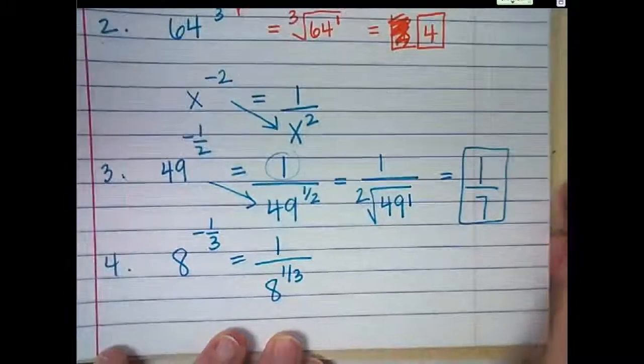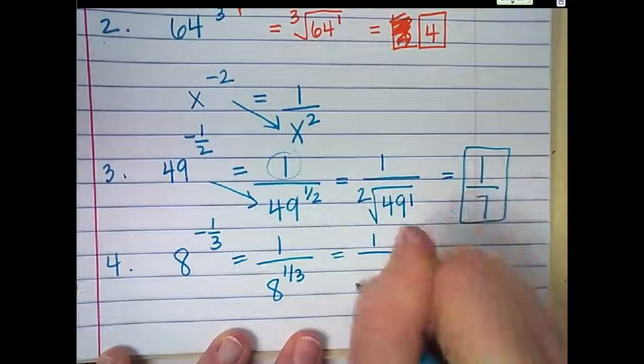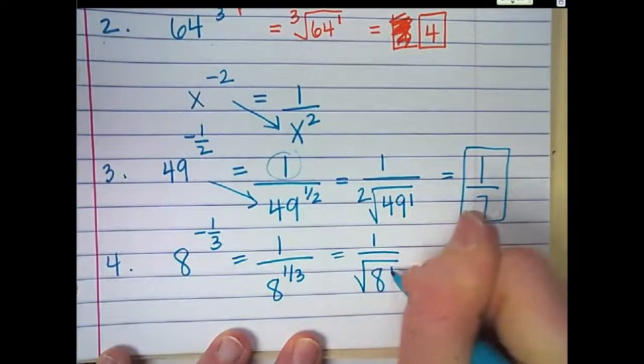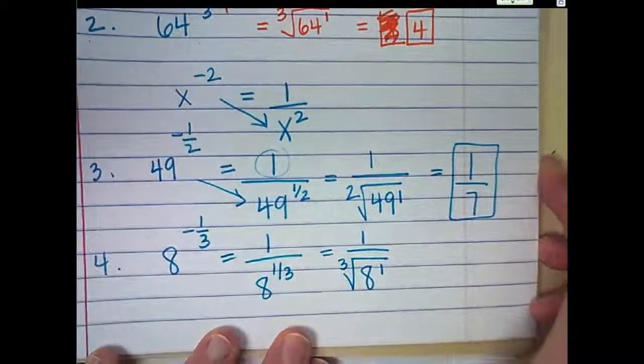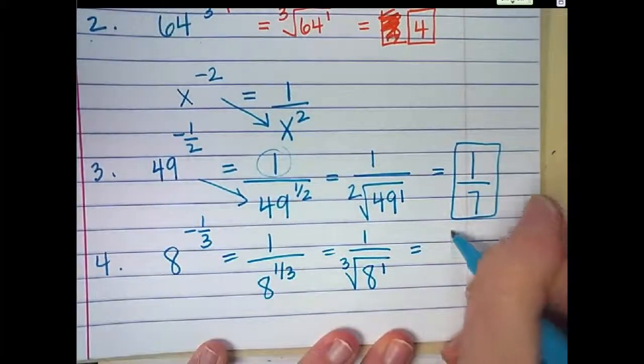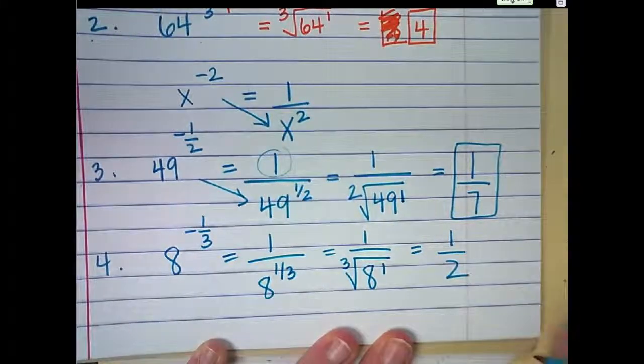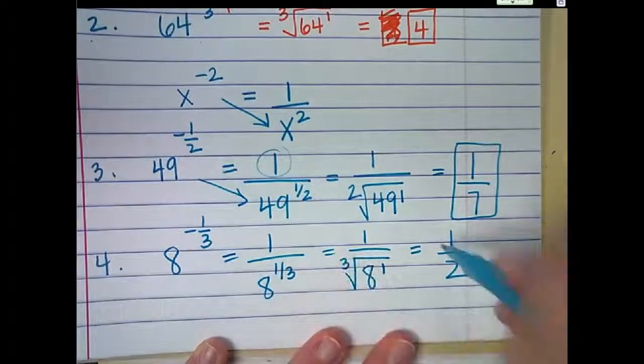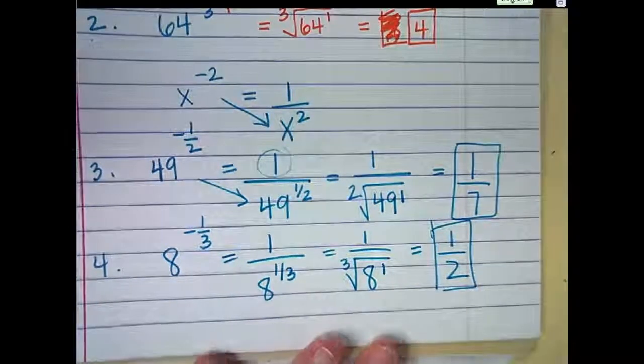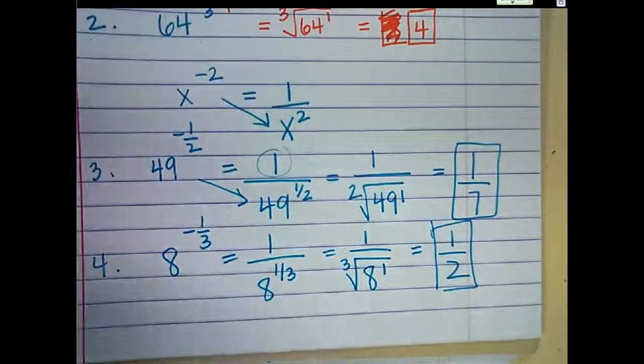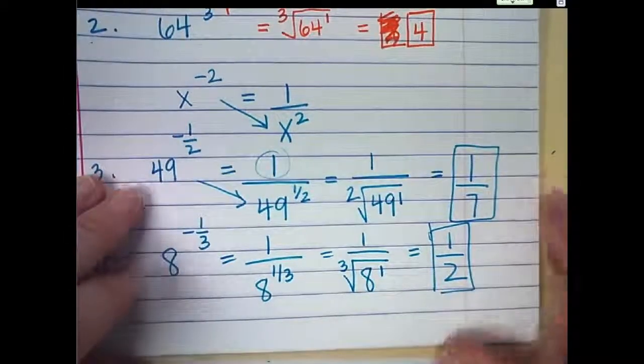So I'll move it to the bottom. Then it becomes the cube root of 8. What did you get as your final answer? 1 over 2. Don't forget that 1, because 2 is completely different than 1/2. How are we doing so far? Okay. Number 5.